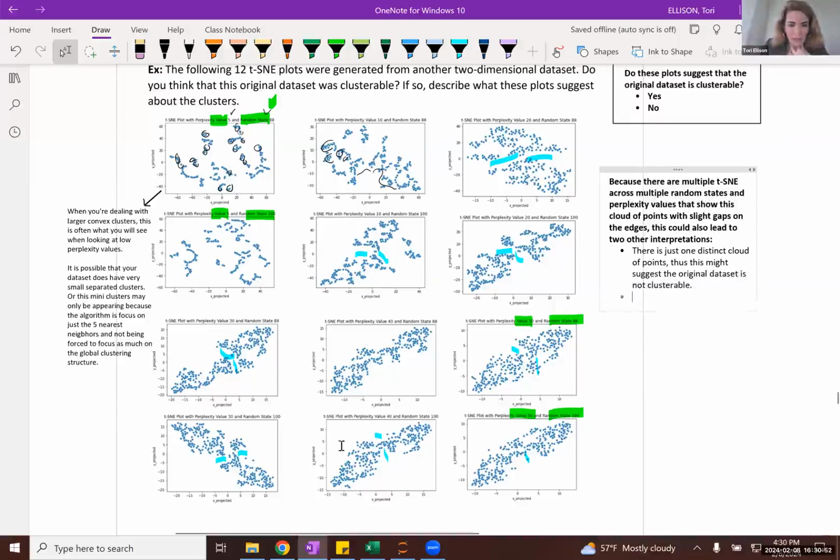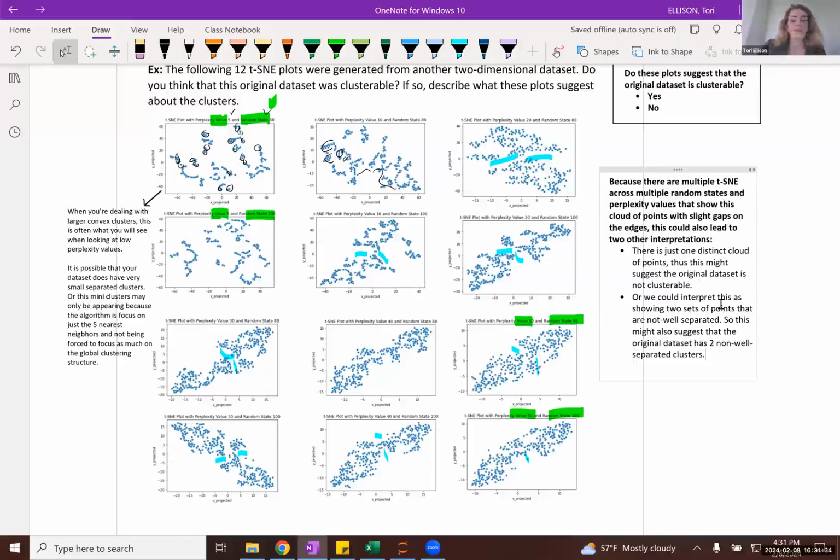On the other hand, we may interpret these two sets of points that exist between these gaps as perhaps two clusters that happen to be not well separated. So this might also suggest that the original data set has two non-well-separated clusters.